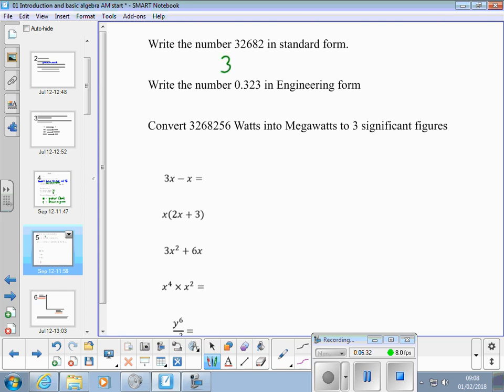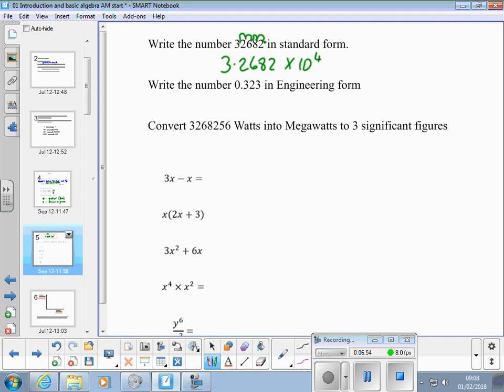Yes. 3.2682 times 10 to the power of 4. The decimal point in that number is there. And by putting a positive power in, we're moving that 1, 2, 3, 4 places to the left.